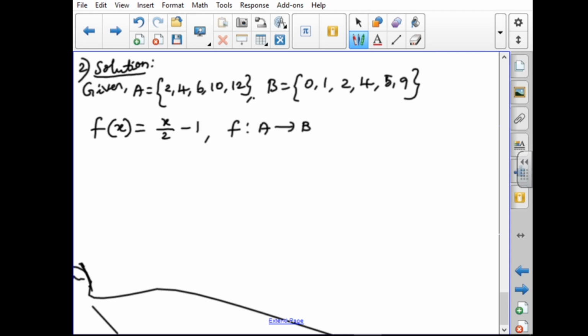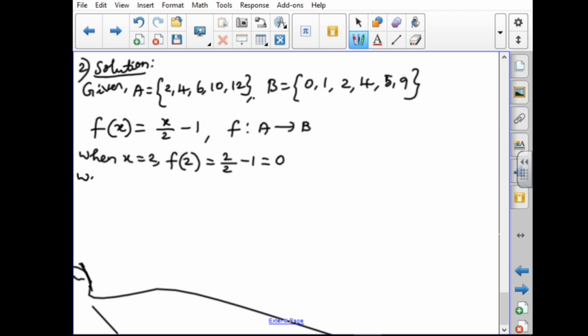The first value is 2. So instead of x we substitute 2. When x equal to 2, f of 2 equals 2 by 2 minus 1. 2 by 2 is 1, so 1 minus 1 equals 0.